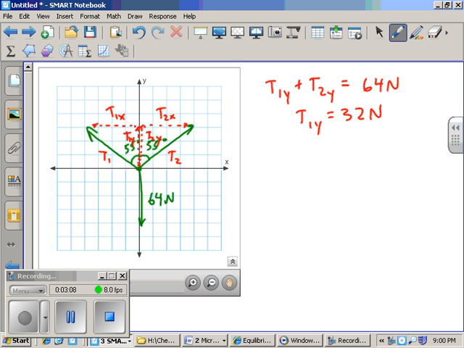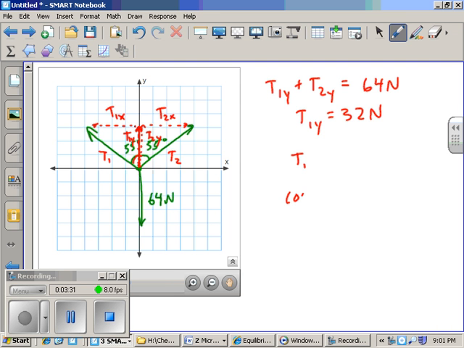Well, with that, you know now a side, and you know the angle through which that force is acting. You can calculate T1 right now. Let's say that T1y is adjacent to the 55 degrees.